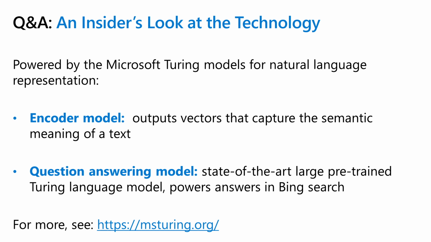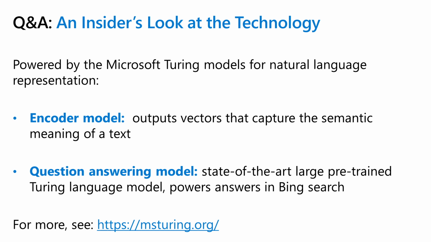Specifically, there are two deep learning models that are using the public Bing web data to enable these capabilities. There's an encoder model, which outputs vectors that capture the semantic meaning of the text, such that semantically similar text have similar numerical values. So this provides a better understanding of the language.